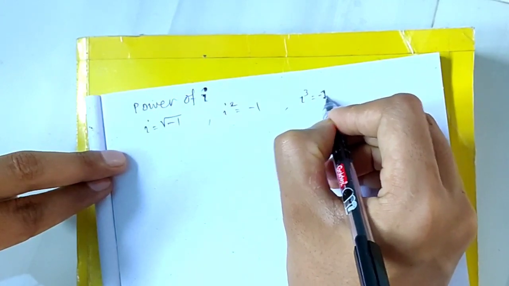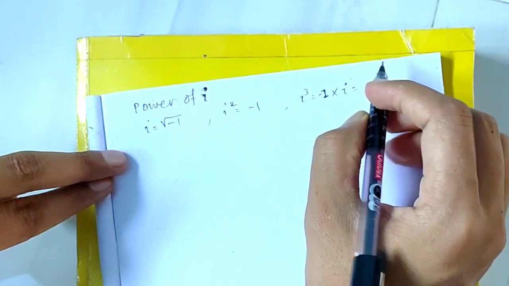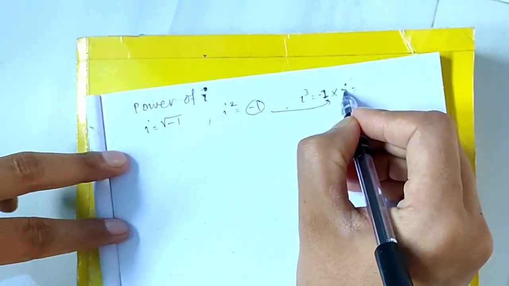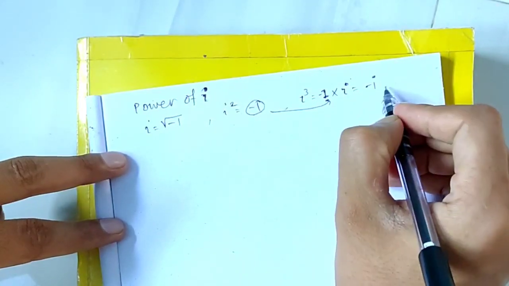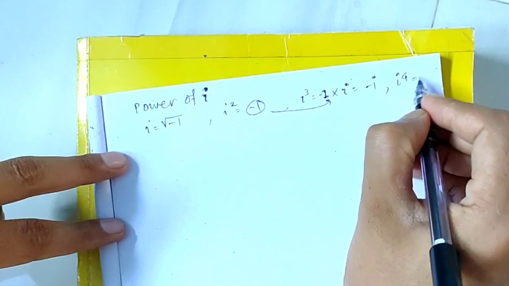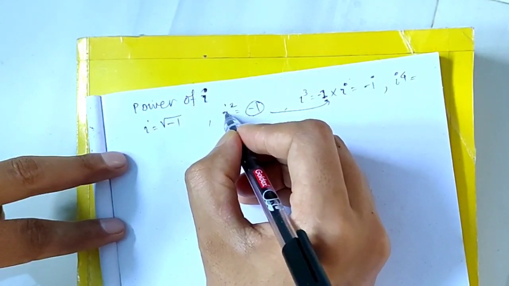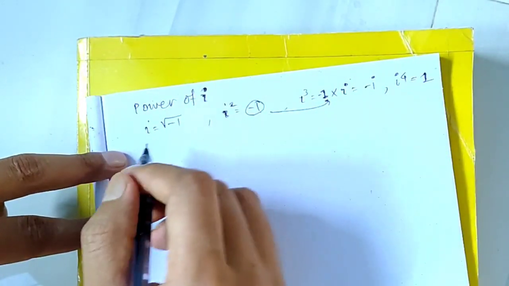Minus 1 into iota, which is minus iota. Iota 4 equals, if we square iota square, it will be 1.